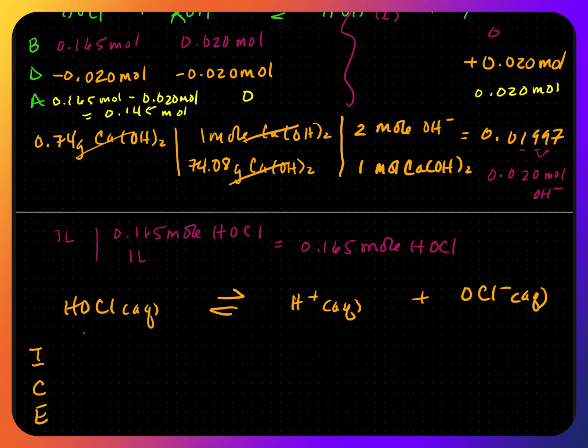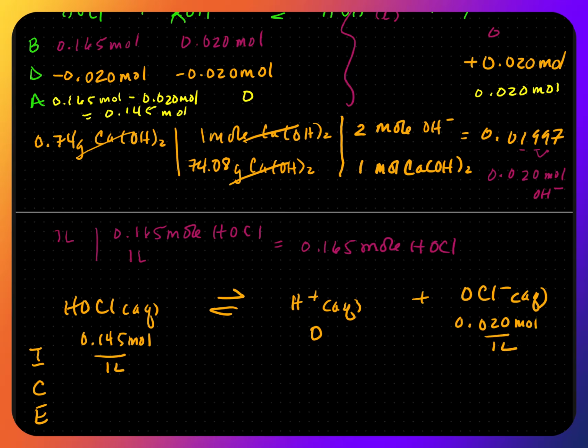It is going to be 0.145 moles, because that is what I have left over, divided by my volume, which is 1 liter. My H plus, I still have 0. My OCl minus is not 0. I have 0.020 moles left over 1 liter.